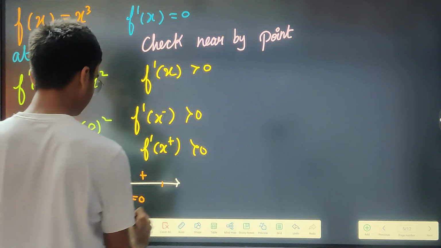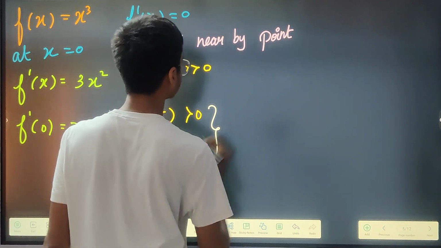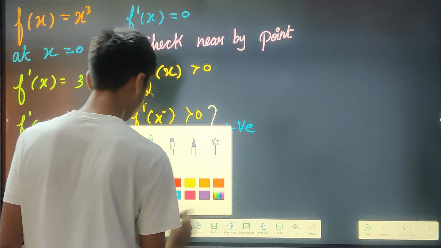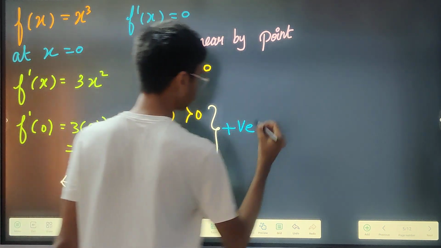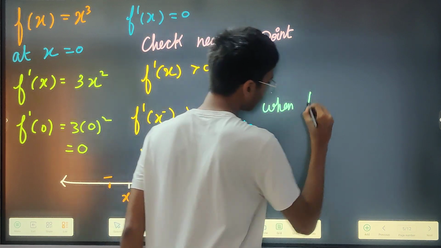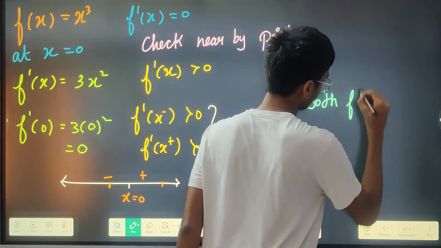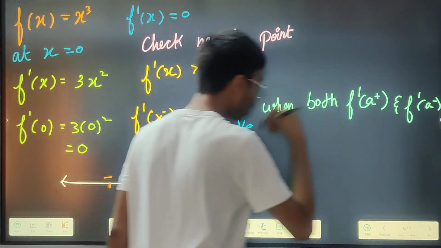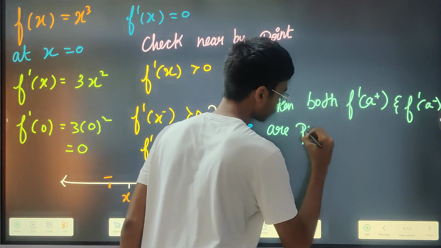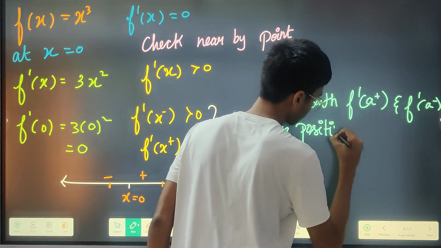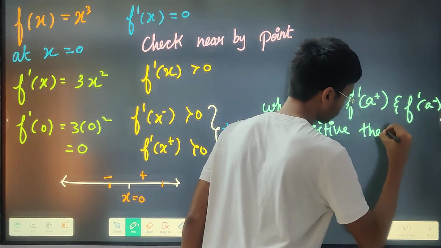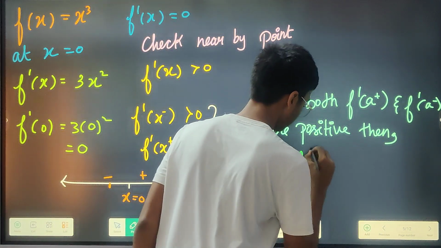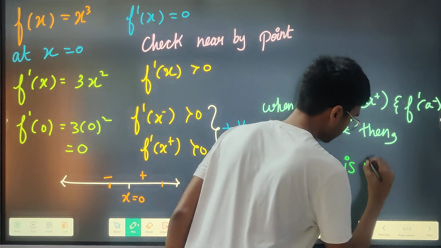From this we can see that when both f dash of a plus and f dash of a minus are positive, then f of a is increasing.